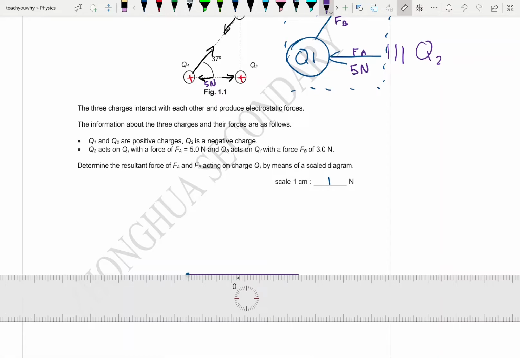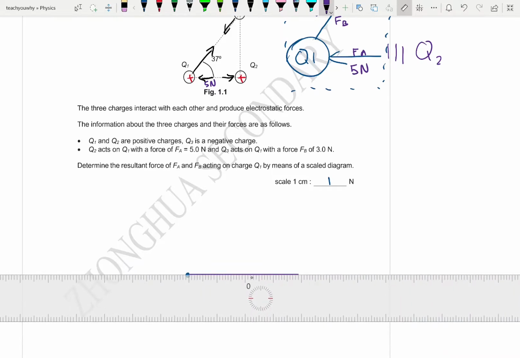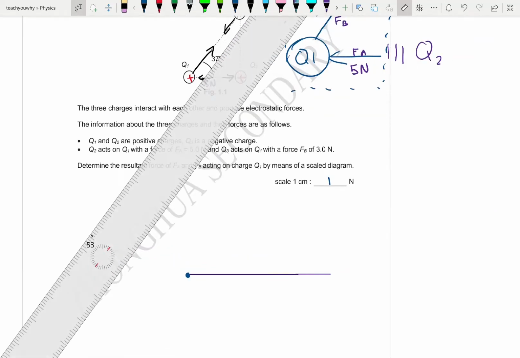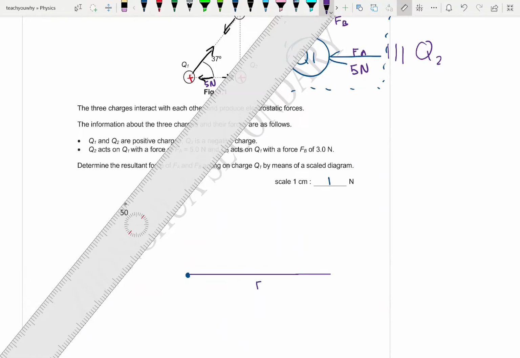Bear in mind I need to be in scale. So let me adjust. So this is 1 cm, 2 cm, 3 cm, 4 cm, and 5 cm is here. It is easier for you to draw using an actual ruler. For me, I'm using a virtual ruler. So this is FA. Let's draw that direction here.